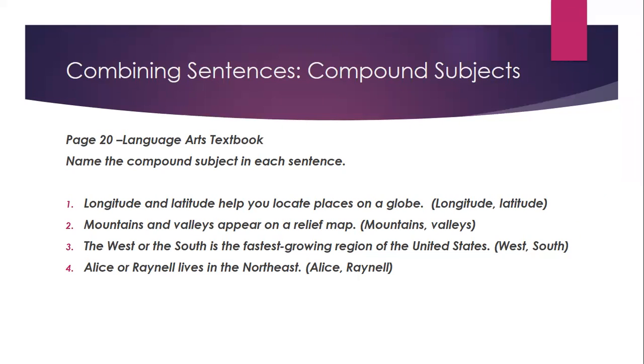Here, our compound subject is Alice and Raynell, okay? And they are joined with or. Number 5, Illinois and Iowa are in the Midwest. Illinois and Iowa, this is our compound subject.